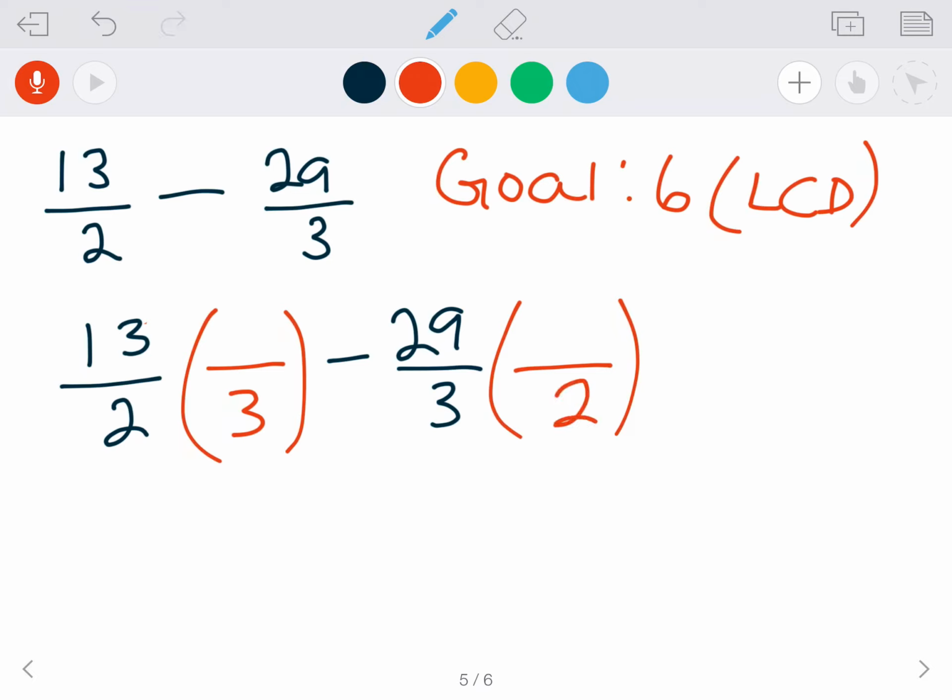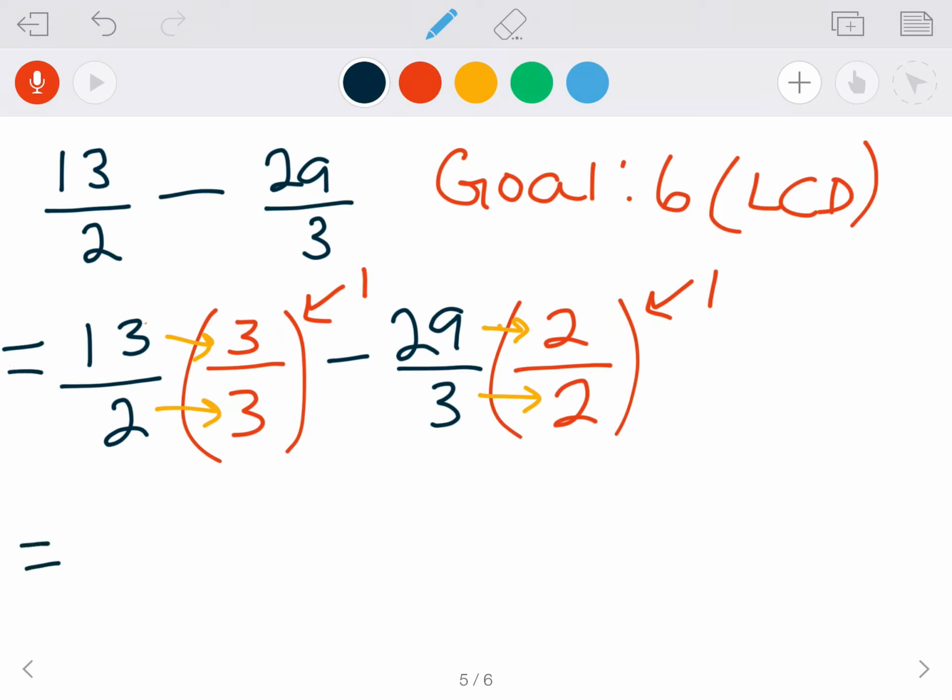And 3 will be multiplied by 2 because 3 times 2 is 6. It's the commutative property of multiplication. In the first red fraction, we want 1, so this must be 3. And in the second, we want 1, so this must be 2.